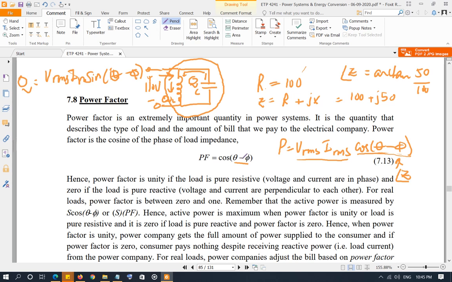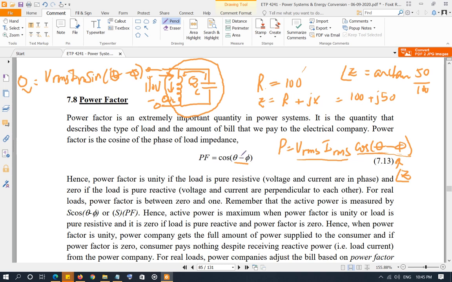And likewise for capacitive impedance, theta minus phi will be between 0 degrees and negative 90 degrees. Remember, cosine of a negative angle in the fourth quadrant and cosine of a positive angle in the first quadrant are both positive values. So you won't be able to distinguish whether your load has inductive reactance or capacitive reactance.